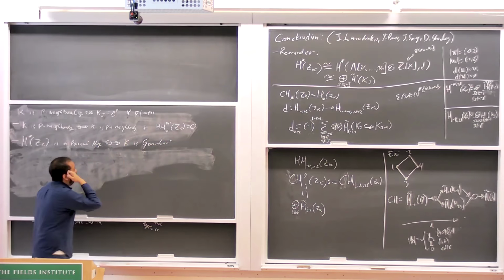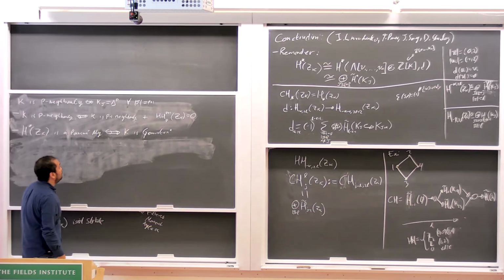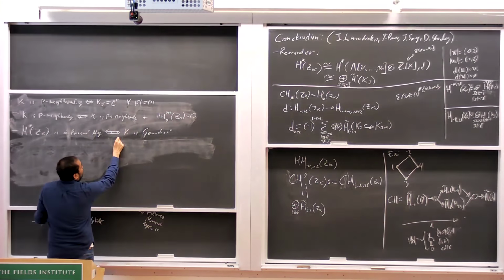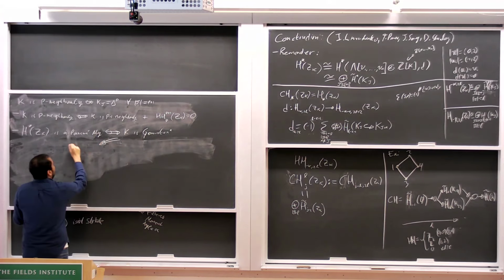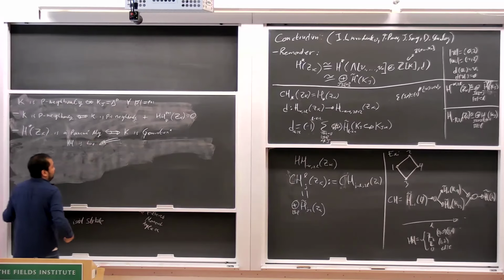For those who don't know, that basically says that it's a homology sphere. And we don't have that equivalence in double homology, but we have at least this implication that HH is still. Okay.